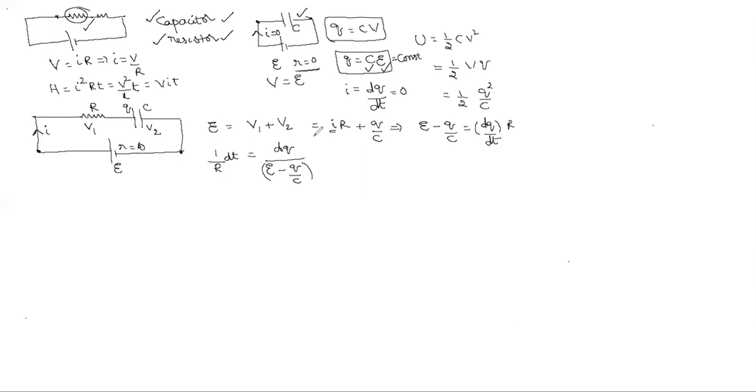Any wrong in this equation? Very good. So here I am writing dt by R equals dQ by, taking the LCM, CE minus Q by C. Am I right, after taking LCM?